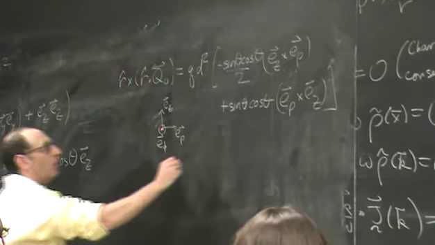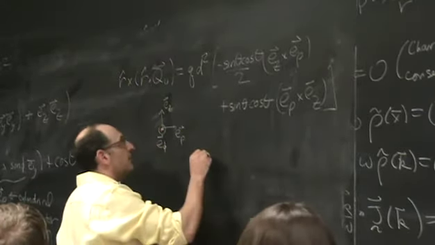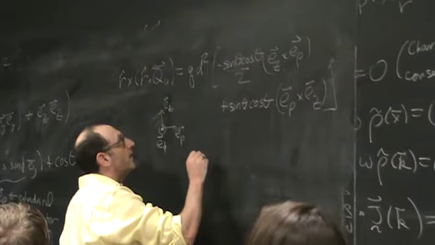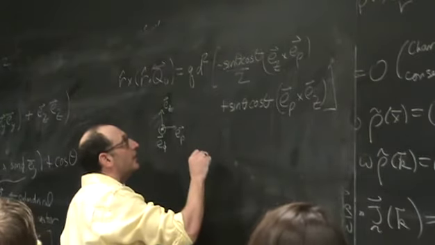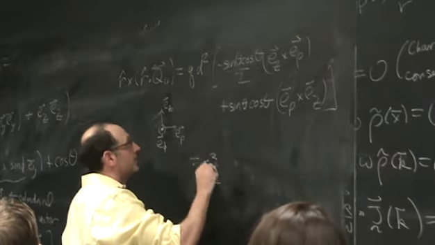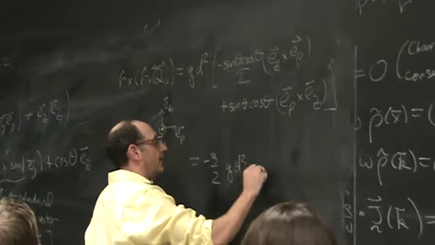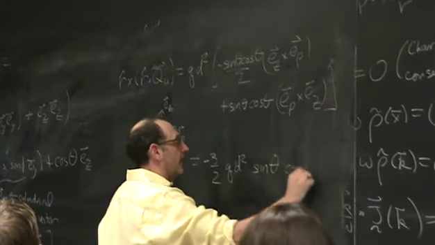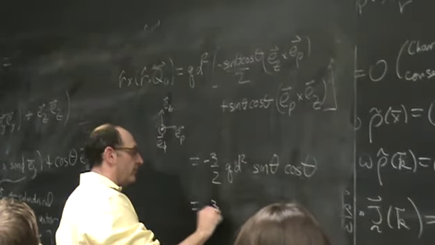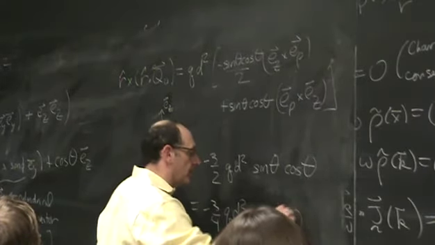So, this whole business is equal to, and all the details aren't so important here, so I'm kind of brushing through it, minus 3/2 QD squared sine theta cos theta, which is minus 3/4 QD squared sine 2 theta.